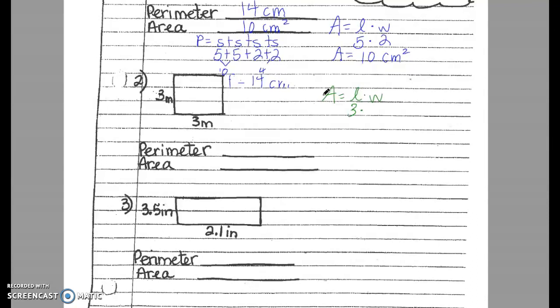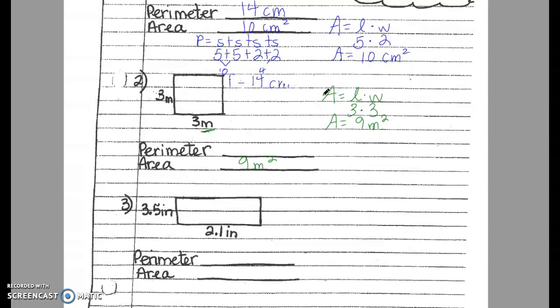And my width? 3. 3 times 3 is? 9. So area equals 9 meters. Finish it? Squared, because this is a 2-dimensional object. So underneath area, I'm going to write 9 meters squared.